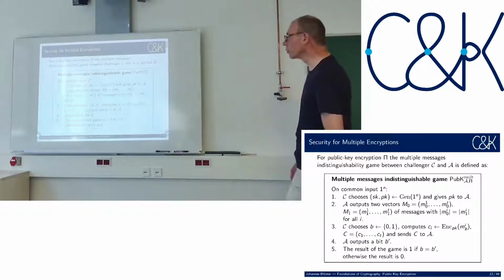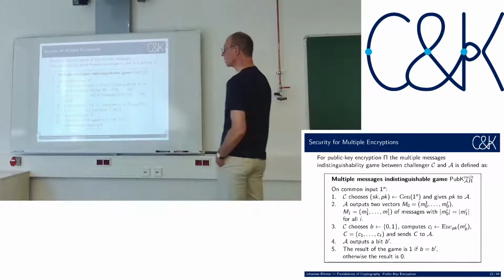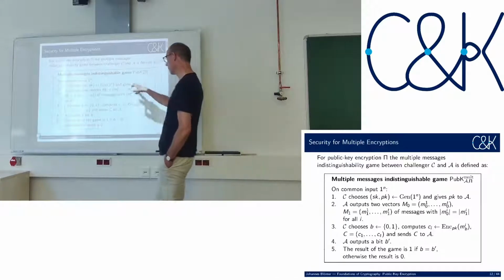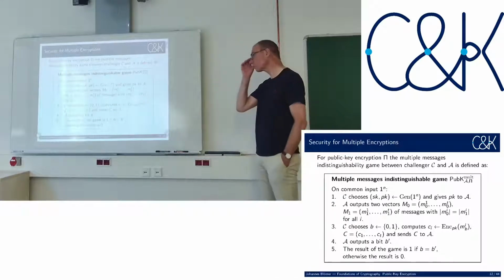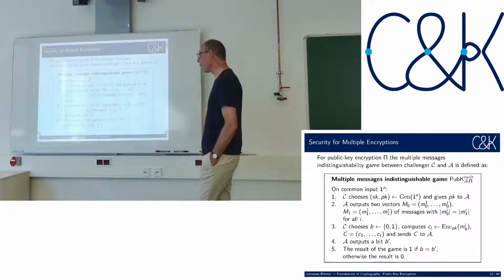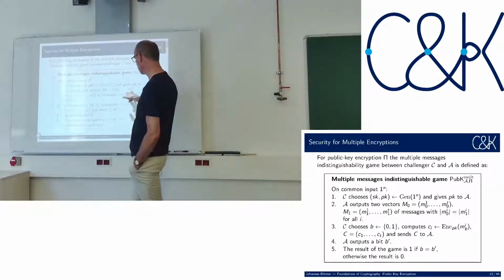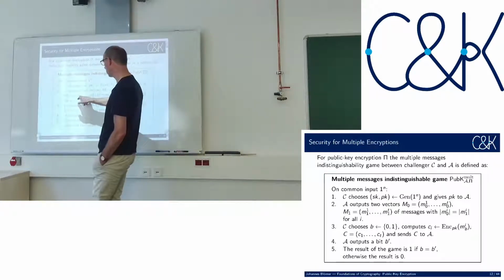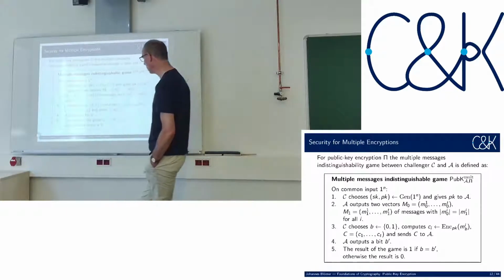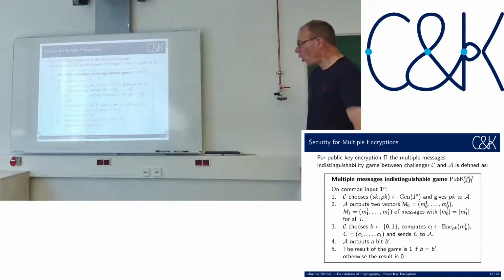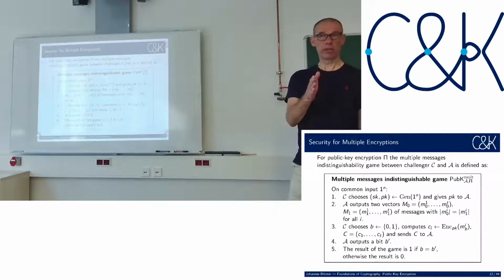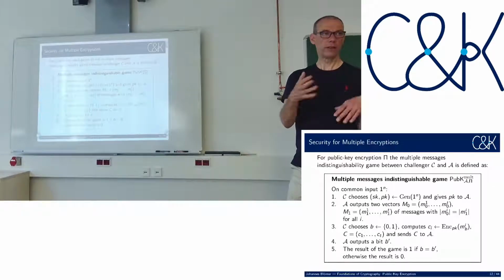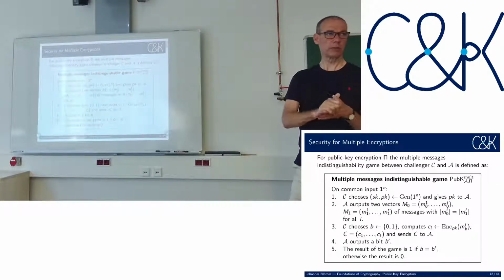On common input 1^n, C chooses, as before, the key pair and gives the public key pk to A. Then A outputs two vectors of messages, M01 up to M0t and M11 up to M1t, where at each position the messages have the same length. For a private key encryption scheme for messages of fixed length, that's given anyway.